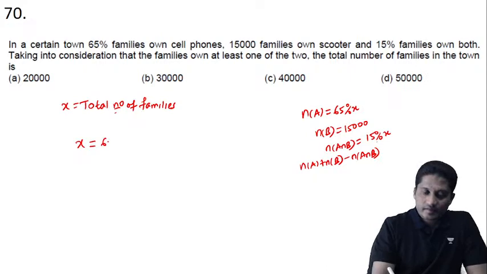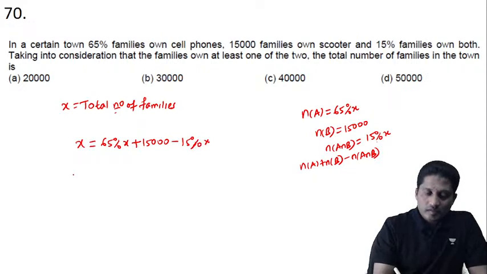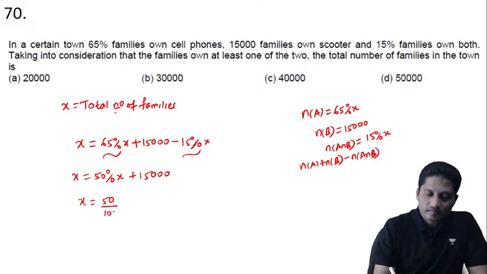So n(A) plus n(B) minus n(A intersection B), that is 15% of X. Now X is equal to 65 minus 15 is 50, right? 50% of X plus 1000 is equal to 15,000. X is equal to 50 by 100 X plus 15,000.